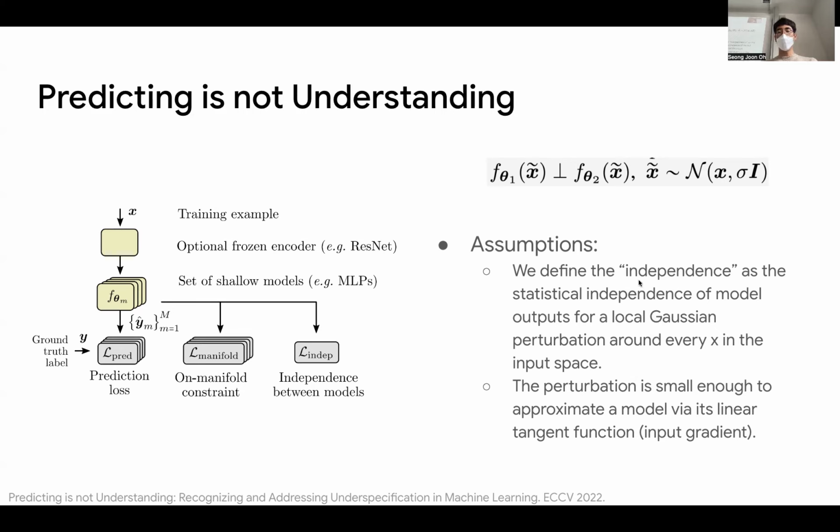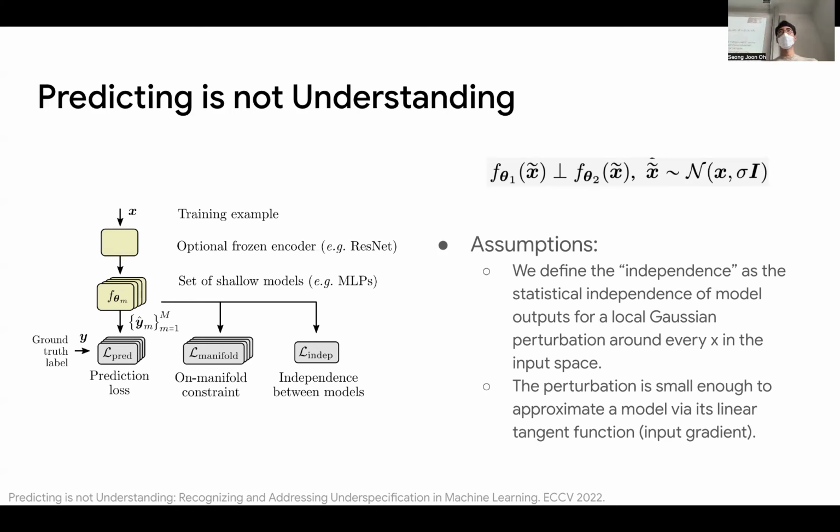So they define independence as the statistical independence of model outputs for a local Gaussian perturbation around every X in the input space. What they're doing is perturbing their input in a small ball around it in pixel space, and then measuring the change in the outputs for model 1 and 2.